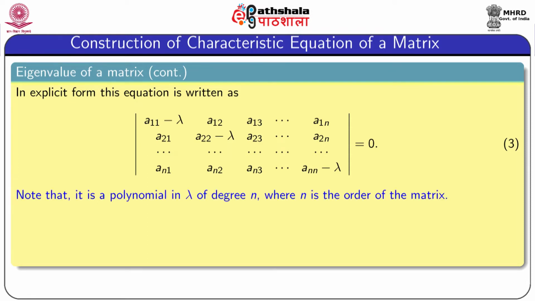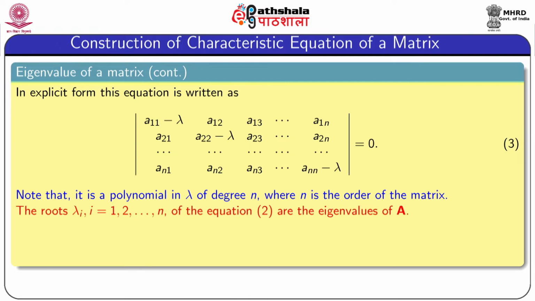By expanding this determinant, we obtain a polynomial in lambda of degree n, where n is the order of the matrix. That means the characteristic equation of a matrix of order n is nothing but a polynomial in lambda of degree n. The roots of the characteristic equation 2 or 3 are the eigenvalues of the matrix A.